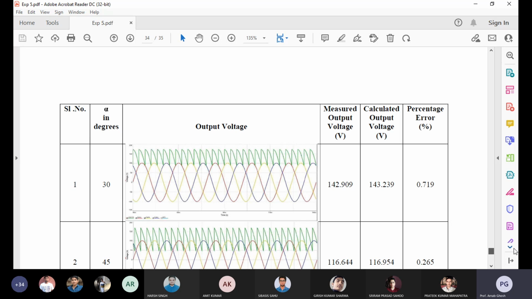So when you are preparing your report, that can help you. We can make the same type of observation table with serial number, then alpha value, then voltage waveform, and how much voltage there is. Then the multimeter gives the average value, how much it is changing, increasing or decreasing.